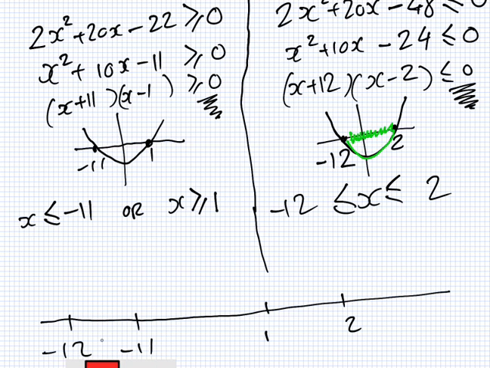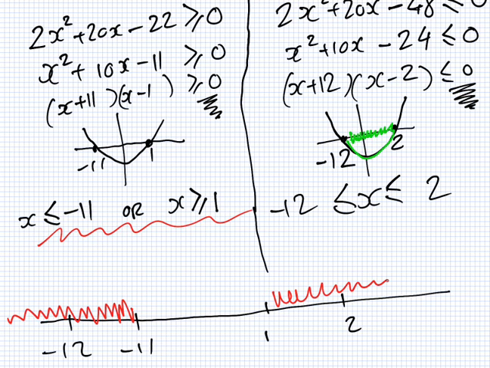So in red, x is to be smaller than minus 11. So here it is here. Or bigger than 1. So here it is here. And then this one here, I want x to be between minus 12 and 2.